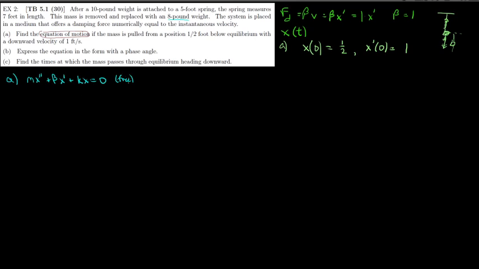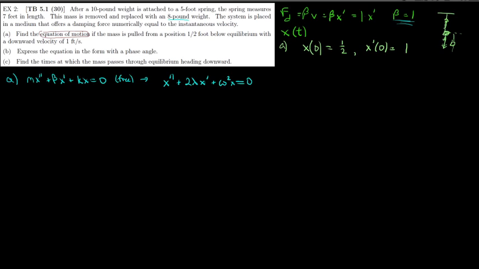So this is still free motion, but it is damped because we do have a beta that's non-zero. You divide by m, and you get x double prime plus 2 lambda x prime plus omega squared times x equals 0. Remember, we already solved this, so we already know the solutions. We just have to determine which of the 3 cases we have here, whether this is overdamped, underdamped, or critically damped.